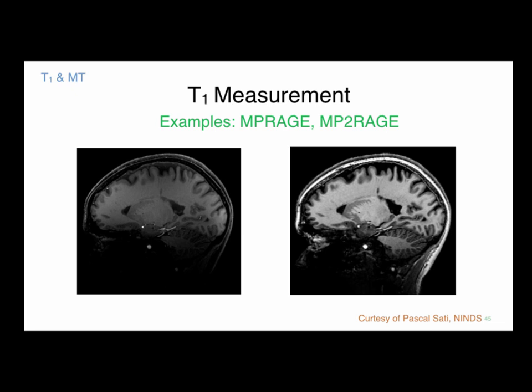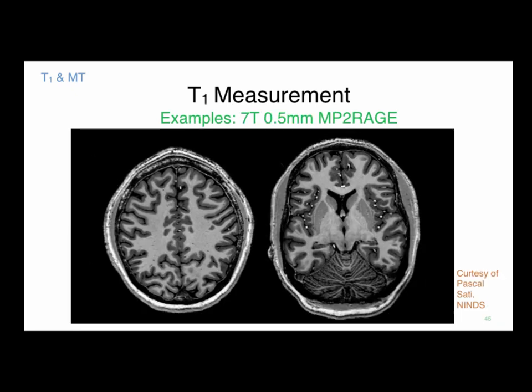If you use an MP2RAGE, where you compare two different inversion times and divide one with the other, some of those coil sensitivities are compensated. As you can see here, you recover part of the cerebellum. So you can do this high resolution at 7T and make very nice anatomical images. It's based on the T1 differences between white matter and gray matter, and of course the CSF.